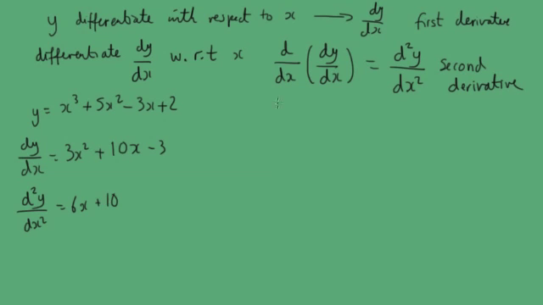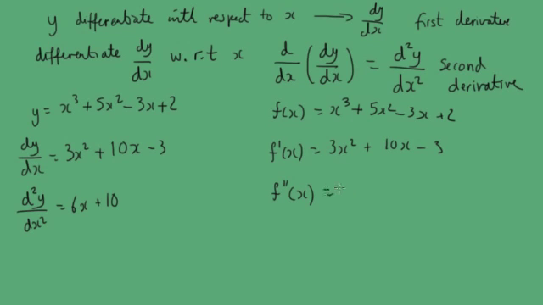And we can also write this y as f of x equals x cubed plus 5x squared minus 3x plus 2. And with this notation, f dashed of x is the derivative, so it's 3x squared plus 10x minus 3. And the second derivative this time is f, and we do a double dash of x for the second derivative, and that would be 6x plus 10.